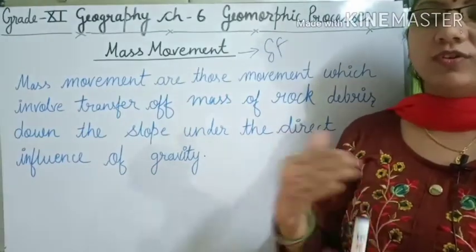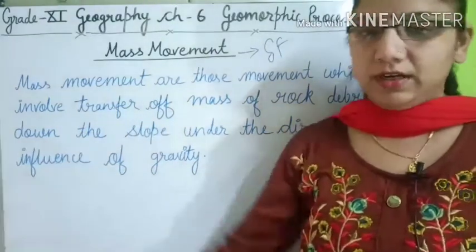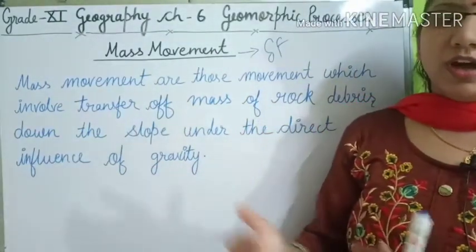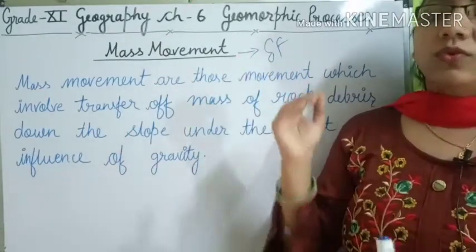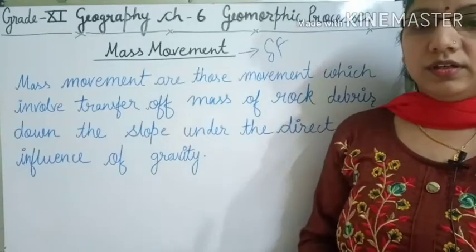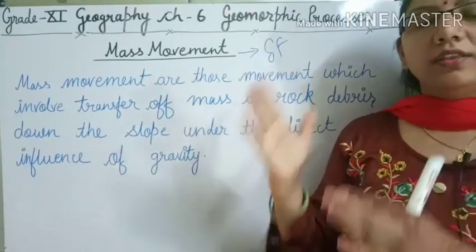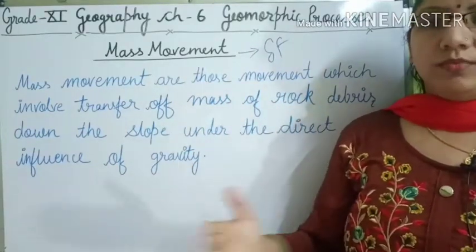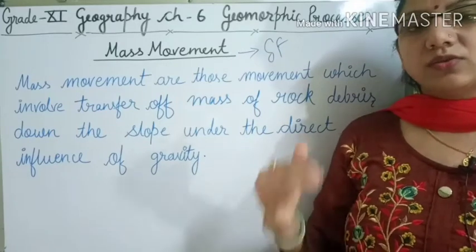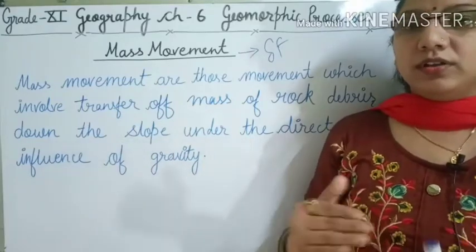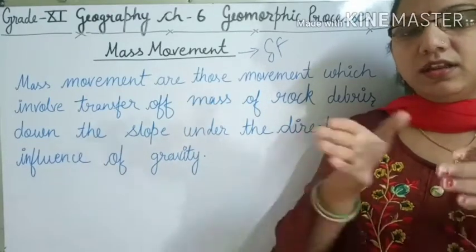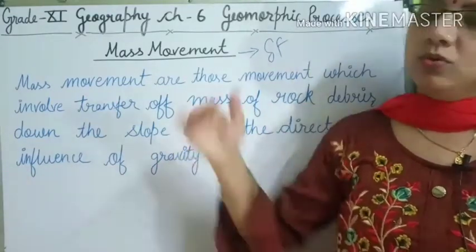Mass movements are active over weathered and unweathered slopes, which means that whether the slopes are weathered or not, mass movement occurs there in the form of slow to rapid movement.